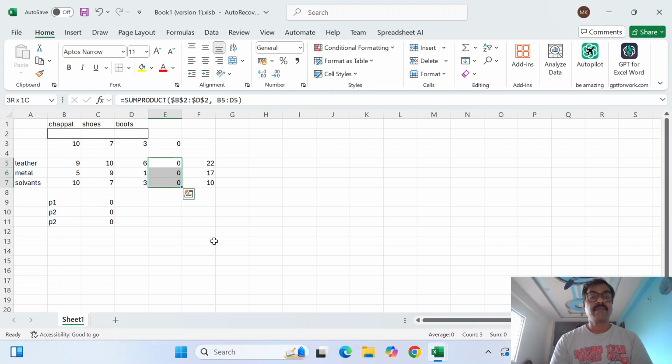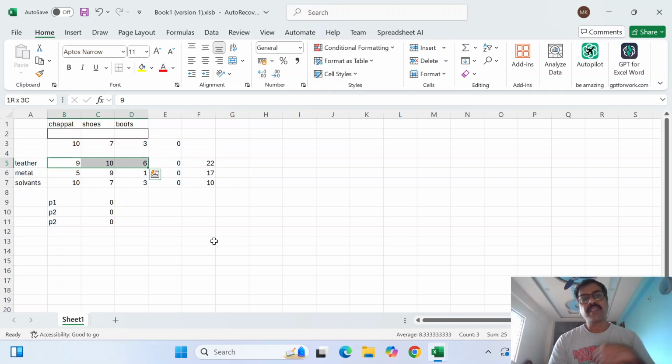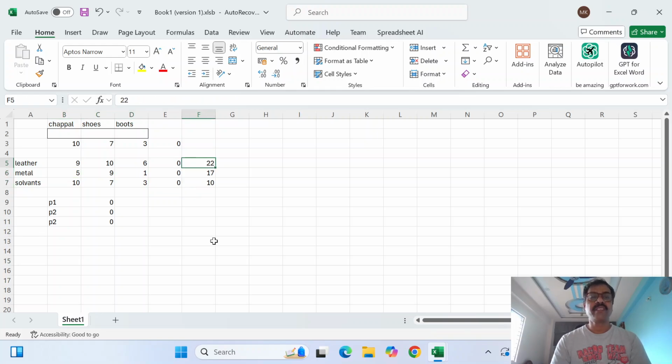Now I have the same formula in my cells E5 to E7, where the sum product of the price for units of resource optimized should be less than or equal to the actual availability of the resources.